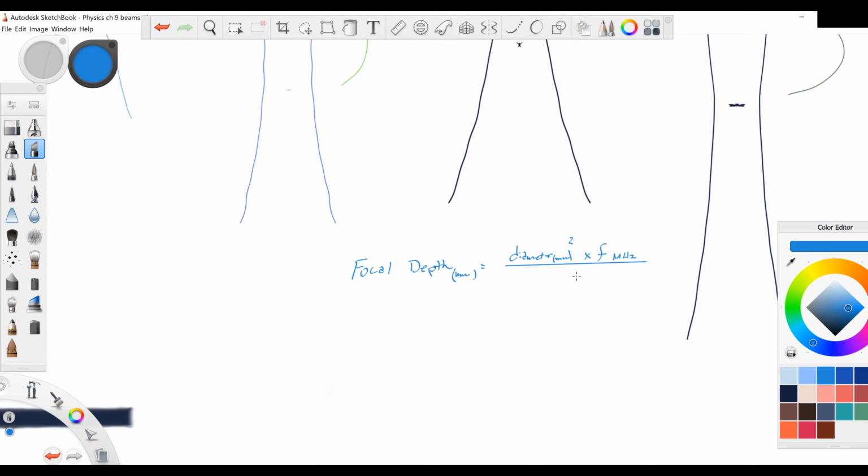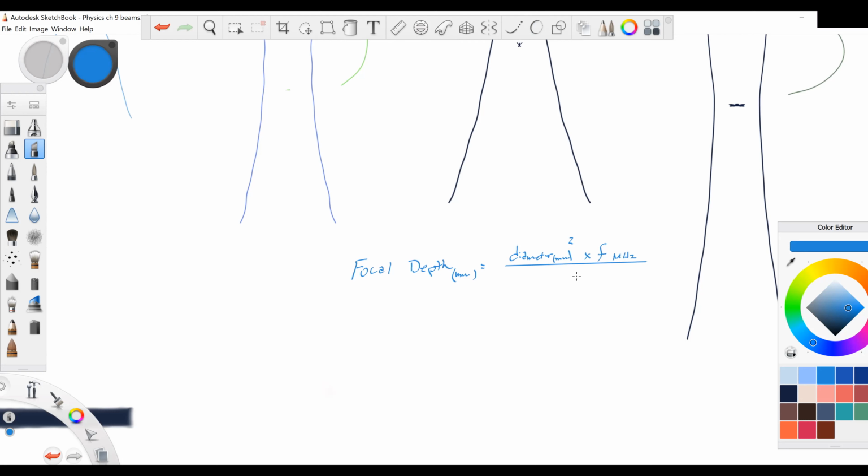I'm not sure why the number 6 is there. I haven't figured that one out. Oh, I bet I could figure it out, but I'm not going to. All right. So diameter squared times the frequency will give us our focal depth.